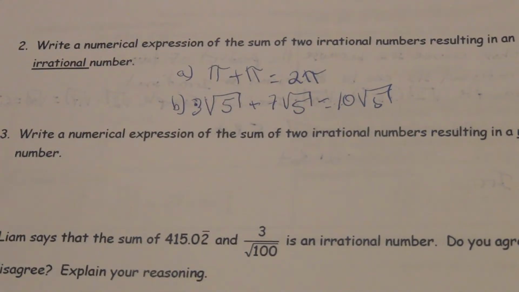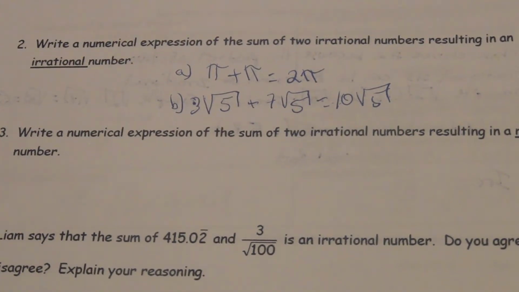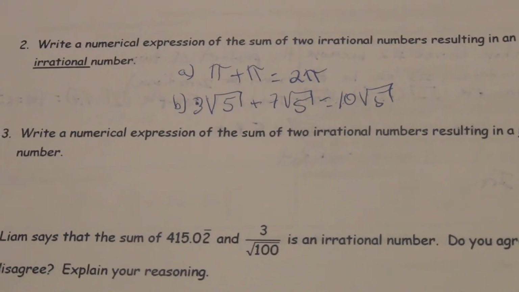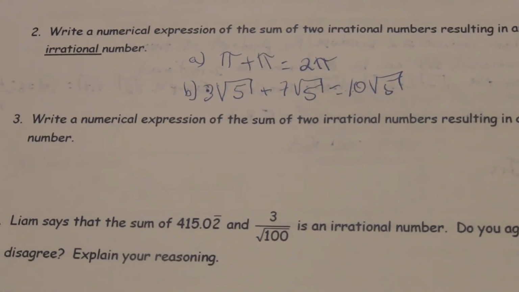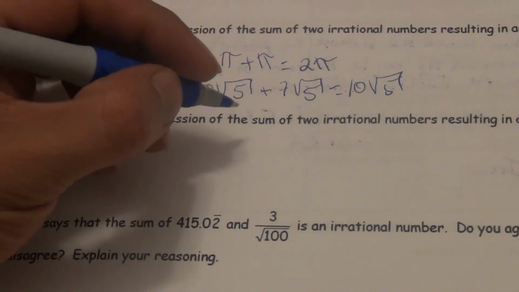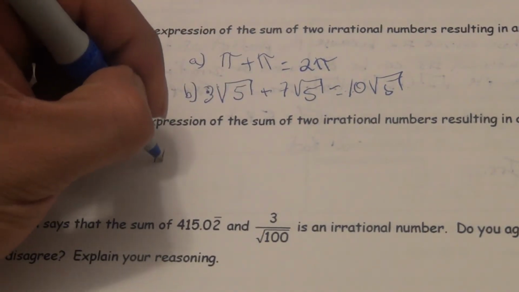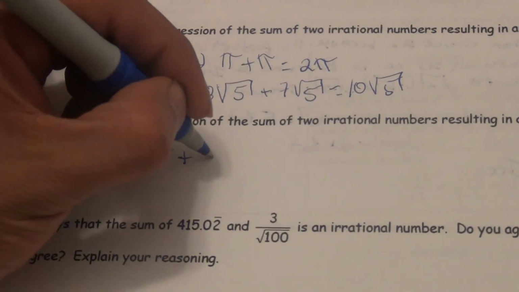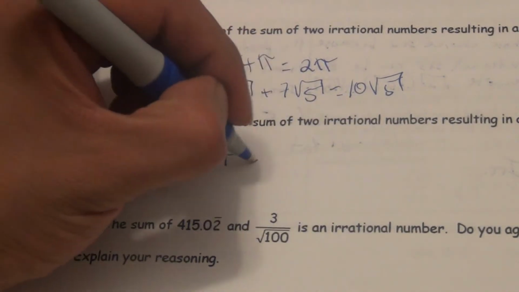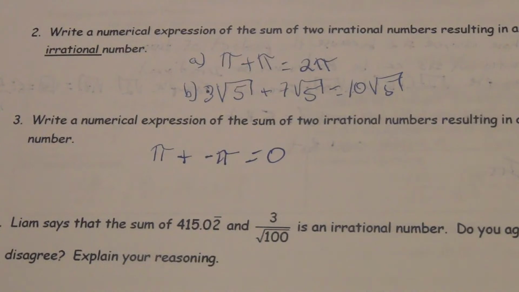Okay, so this is gonna be kind of like not impossible, but let's see. Write a numerical expression of the sum of two irrational numbers resulting in a rational number. All right, let me give you the easy one. If you have pi plus negative pi, you're gonna end up with 0.